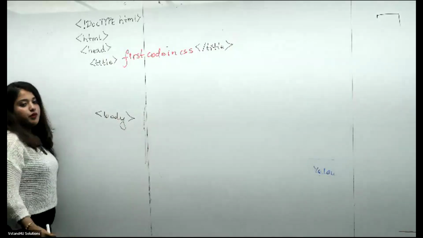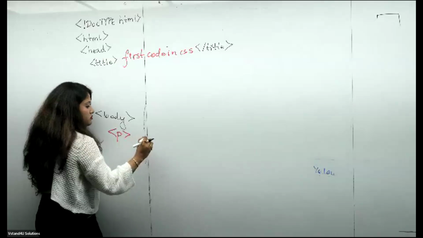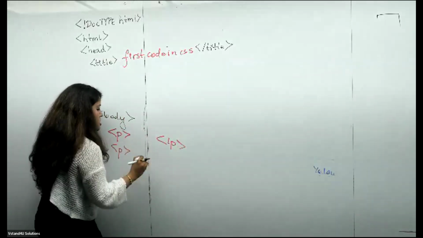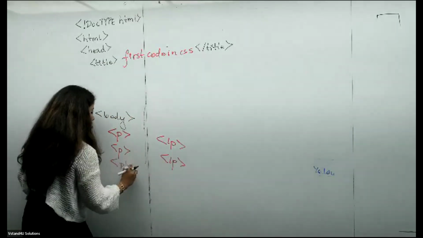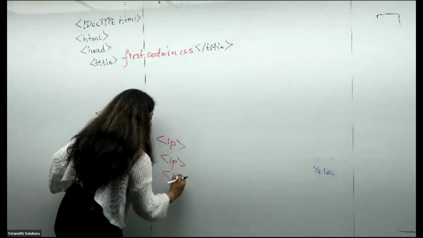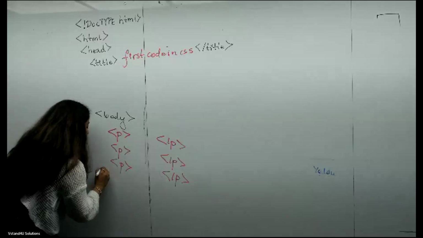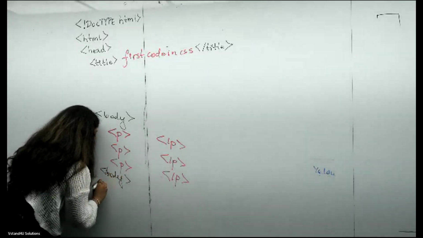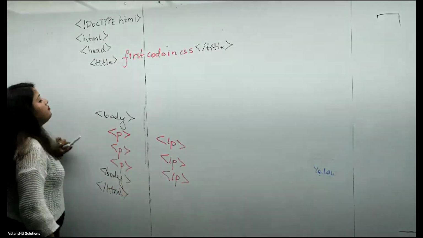And inside this body tag, again same thing I will do, paragraph tag. Then let me close this body tag. Let me close the HTML tag. Clear till here? Yes.